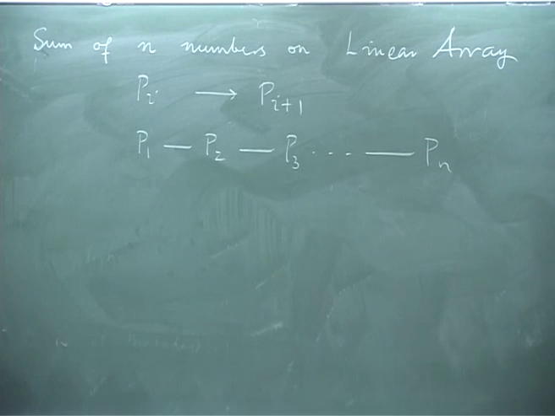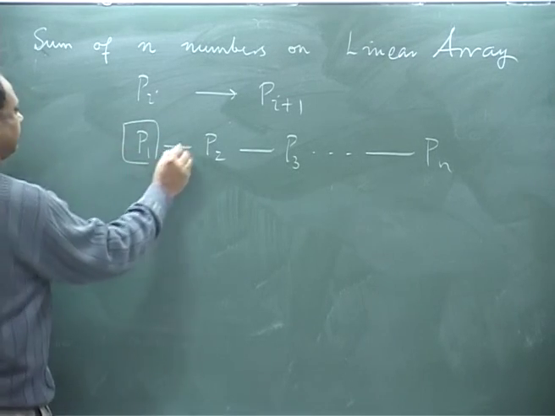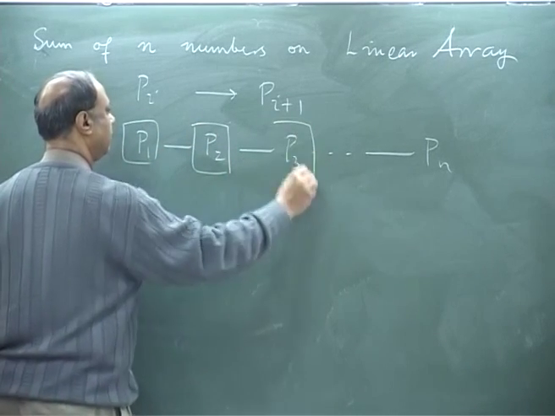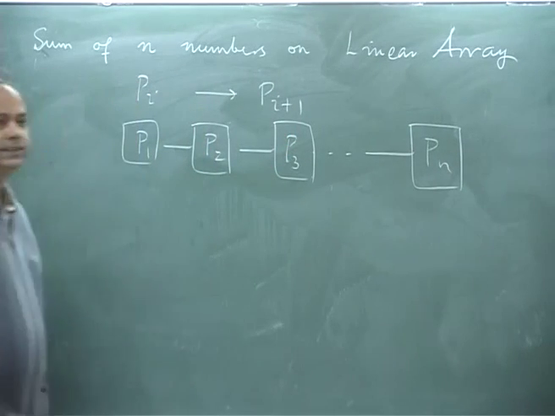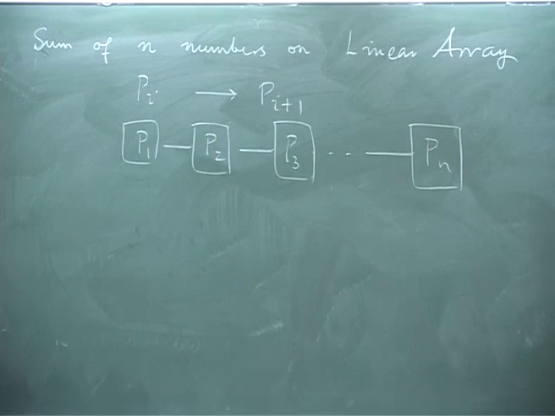Now, can you tell me or suggest how to find the sum of n numbers on this type of connections? Suggest some method which is very good.